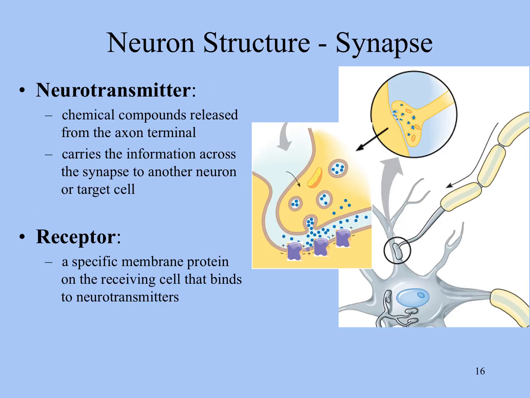All right, so when these neurotransmitters are released, they bind to receptors on the postsynaptic membrane of the target cell. And usually when these neurotransmitters bind to these receptors, these are ligand or chemically gated channels. They'll open up and allow an ion, usually sodium if it's an excitatory synapse, to go through to depolarize the next cell.